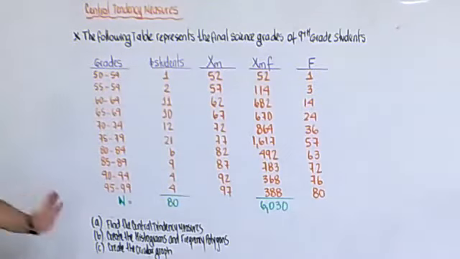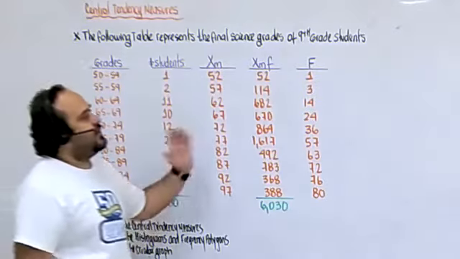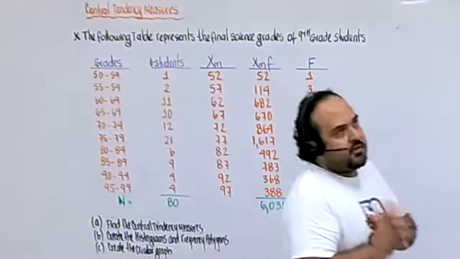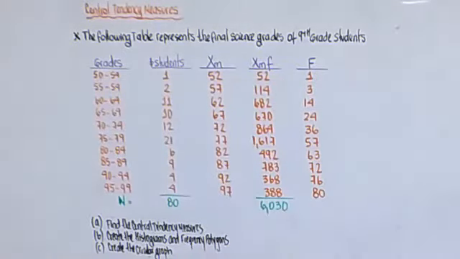Okay. Now, before proceeding to central tendency measures, let's complete the next two columns because we're going to be prepared to graph the circular diagram also. What will be the new column that we're going to add to this table? Any idea?